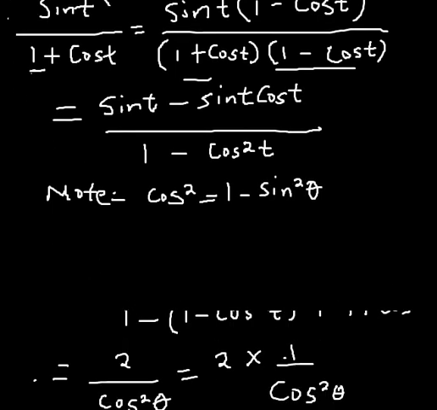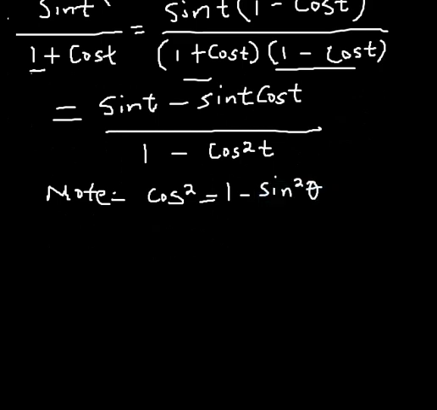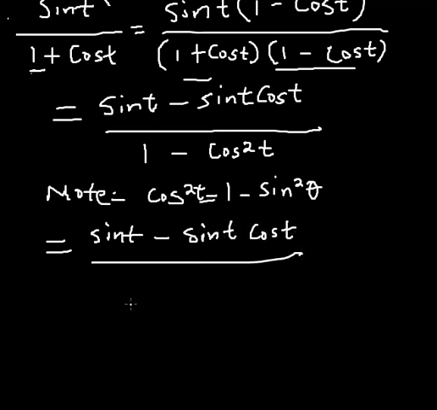So what I'll now have is sine t minus sine t cos t divided by 1 minus bracket open, cos square t is 1 minus sine square t.